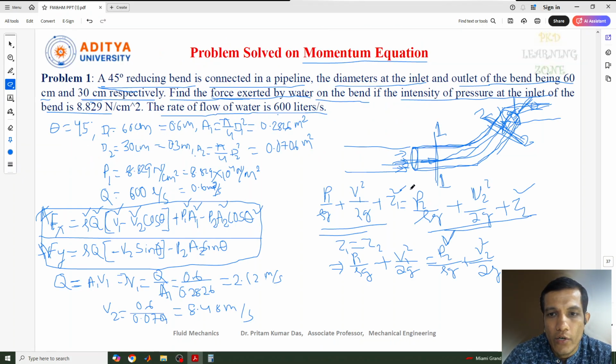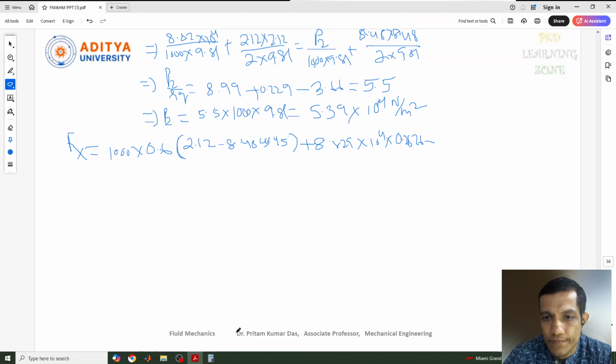P2 we got just now, 5.39 into 10 to the power 4, and A2 is also very small, 0.0707, which we calculated initially, into cos 45 again.